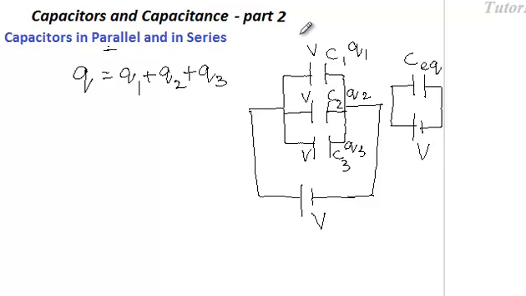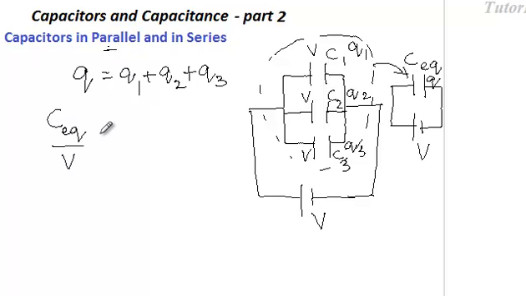So, if we replace this entire combination of capacitors by a single capacitor, we want to find the equivalent capacitance of that capacitor. Now, this would be C equivalent equals Q over V, where this capacitor carries a charge Q, which is the sum of the charges on all these 3 capacitors.